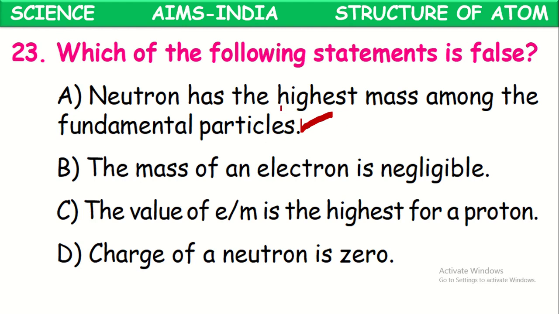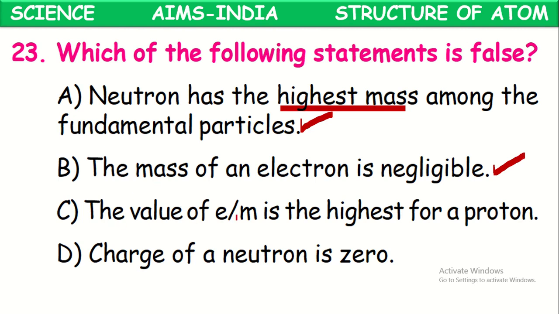So I can say neutron has the highest mass among all fundamental particles. Next, the mass of an electron is negligible. It is also correct. Because when compared to the mass of proton and neutron, the mass of an electron is very small. It is almost 1840 times smaller than that of a proton. So it is negligible, we can say.